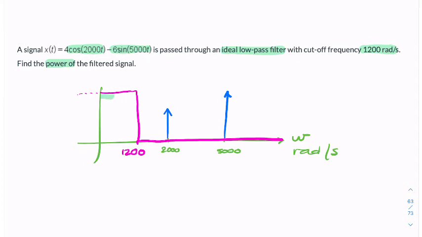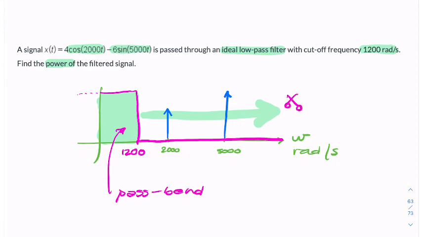This is the pass band: everything between 0 and 1200 radians per second is allowed to pass. Everything from 1200 onwards is blocked by the filter because it's a low-pass filter. It's an ideal low-pass filter, but that doesn't really make a difference.